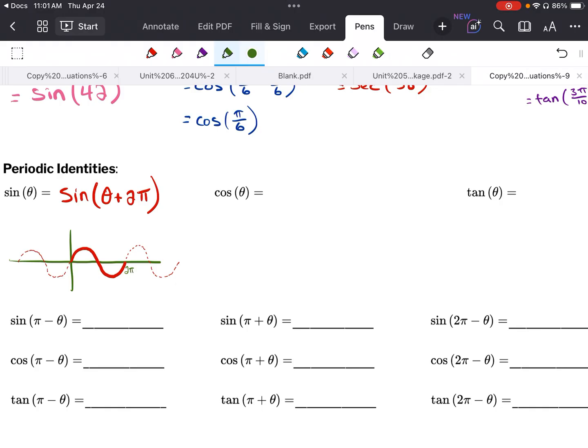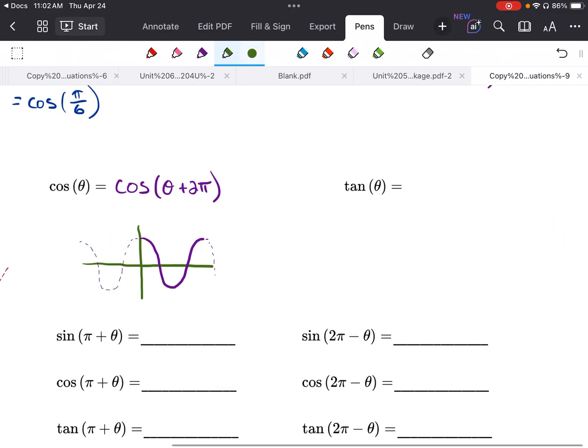But it looks the exact same, just shifted 2 pi over. Okay, cos, you start at the top, work your way down, top, and then it would be the same thing over again, or backwards. Okay, again, we are shifting 2 pi over, so cos theta is the same as cos of theta plus 2 pi.